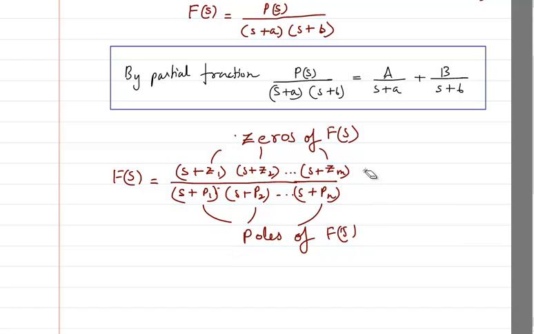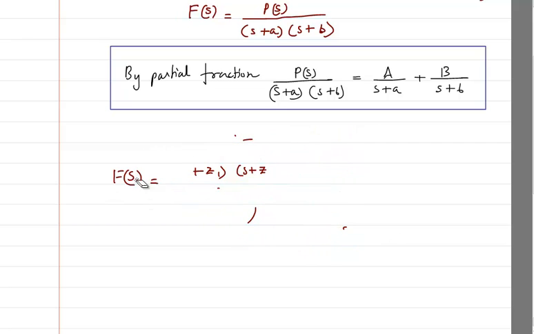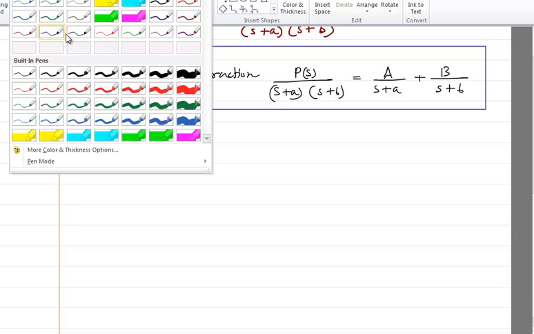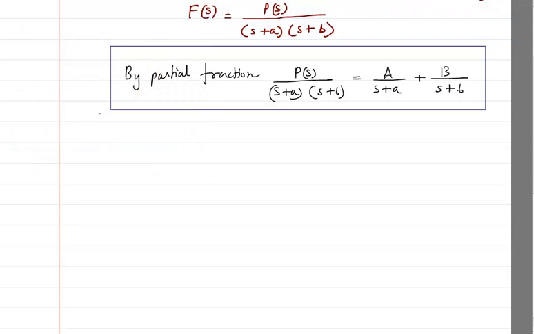The factors in the numerator of the function F(s) are called the zeros, and the factors in the denominator are called the poles. Hoping that you have written this somewhere. You might have already studied all these things. I should actually speed up, but I'm going slow because you might have forgotten.